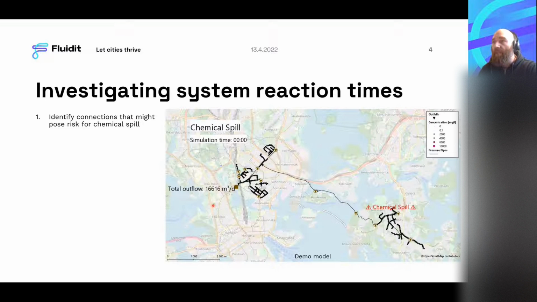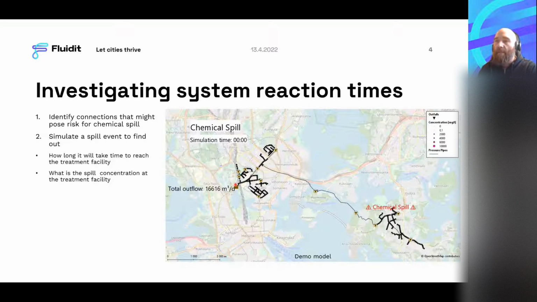Why this should be done is that the utilities could identify potential customers that have this type of risk and simulate the event beforehand to find out how long it takes to reach the treatment facility, and what the concentration is at what time, because it gets mixed with other fractions of water in the system.